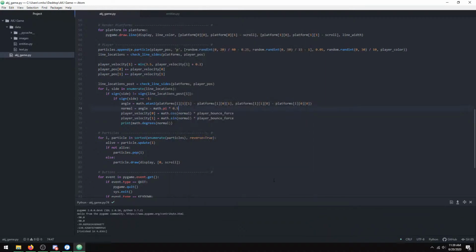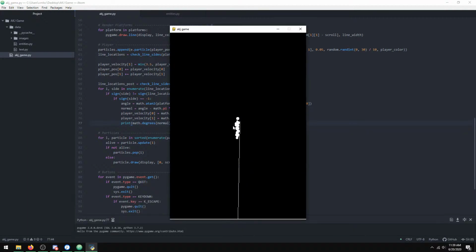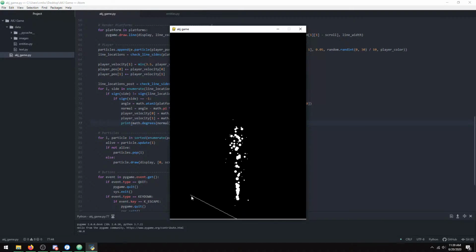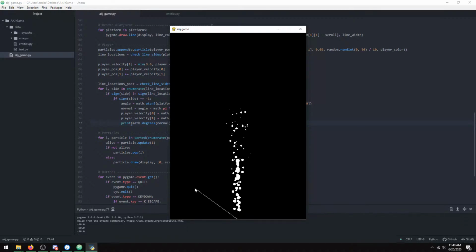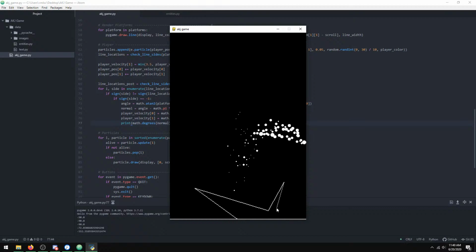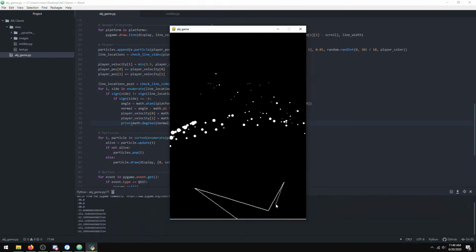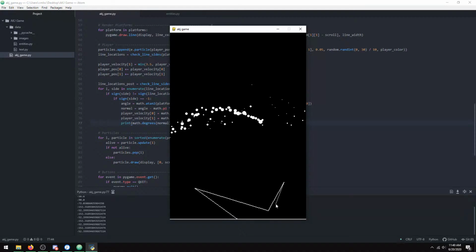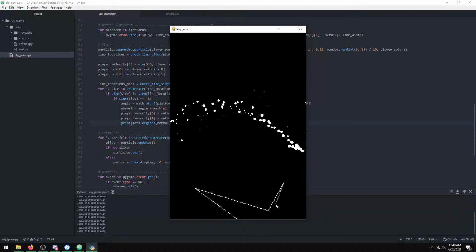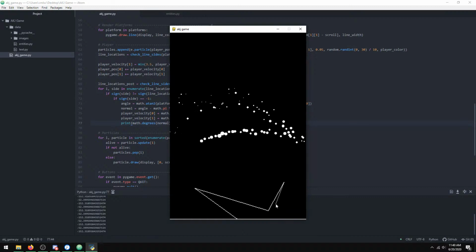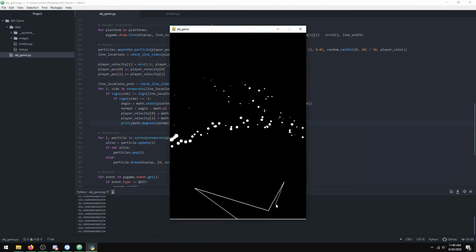Wait, why did it... Oh, I also forgot to do the... Yeah, that's going to be a thing. I need to make sure that it's within the range of the line segment. Oops.